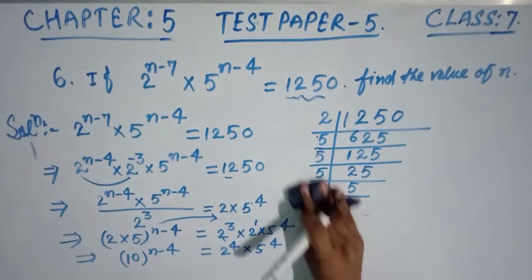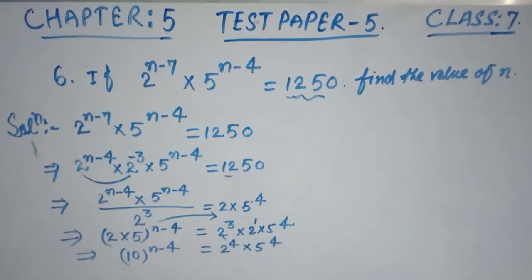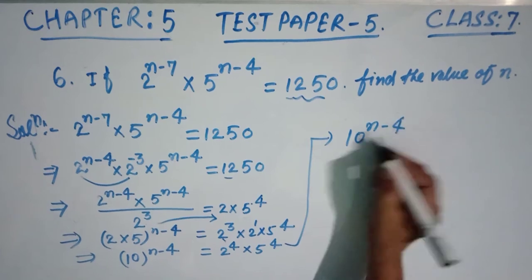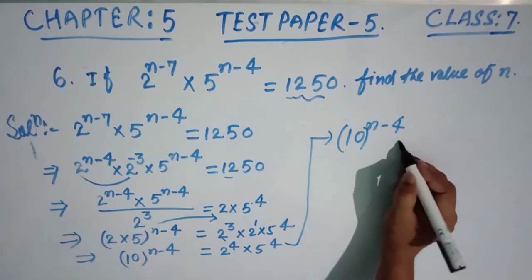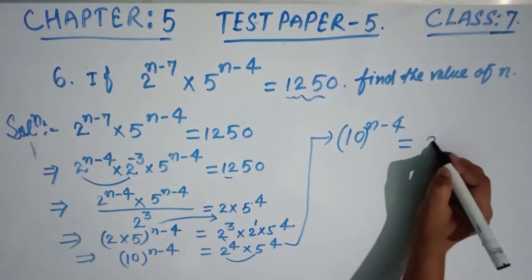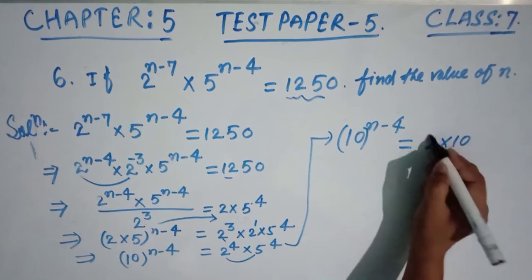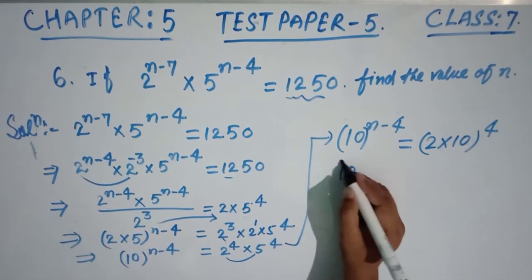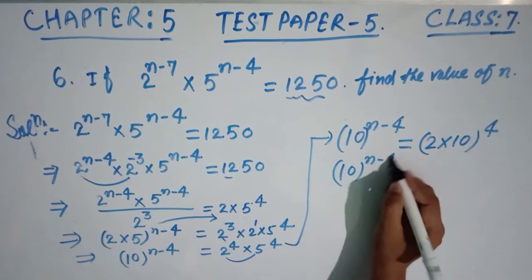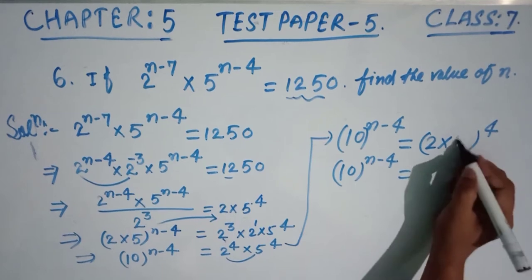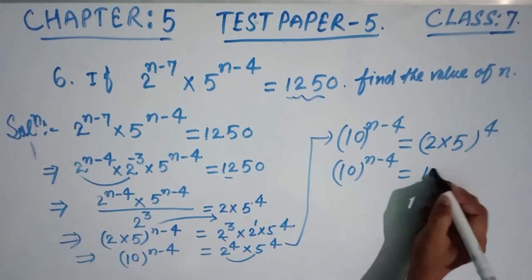Now see, friends, 10 raised to the power n minus 4 is here, okay, is equal to, here look at different bases. If the bases are different, multiply their bases and put the single exponent. So this is 10 raised to the power n minus 4, friends, and this is also 10 raised to the power 4, friends.